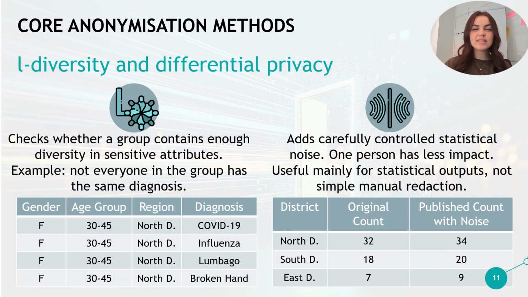L-diversity addresses a weakness of K-anonymity. A group may contain several people, but if all of them share the same sensitive attribute, the group still reveals too much. Differential privacy takes a different approach. It adds carefully controlled noise so that statistical outputs reveal less about any one individual.